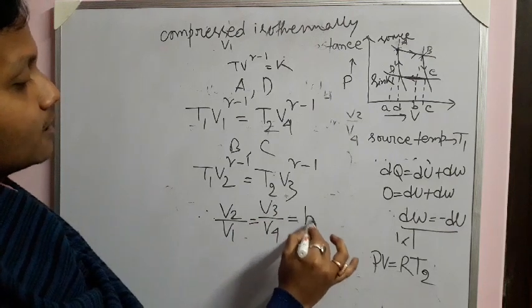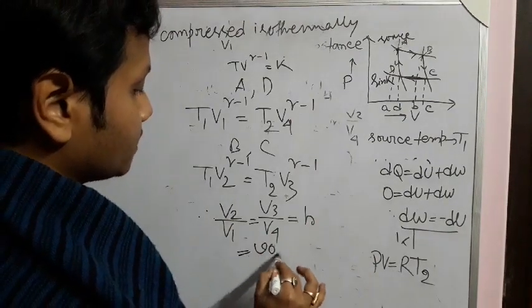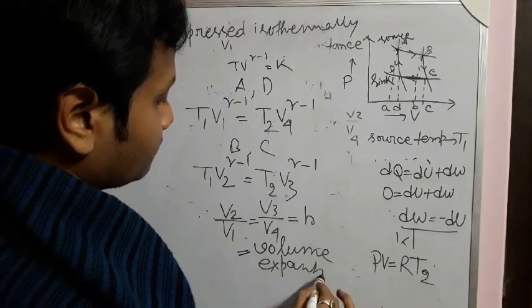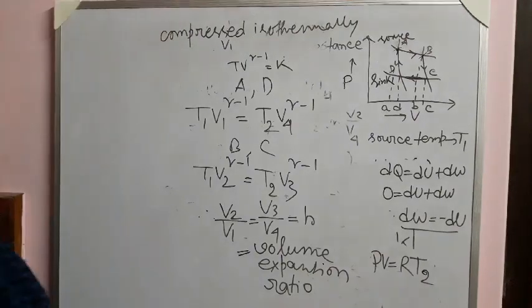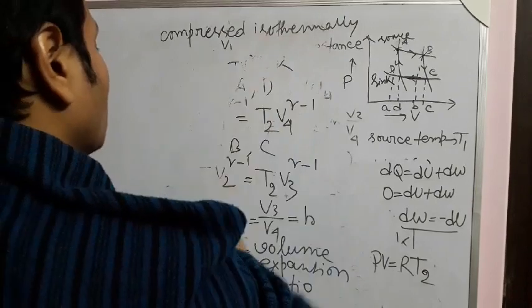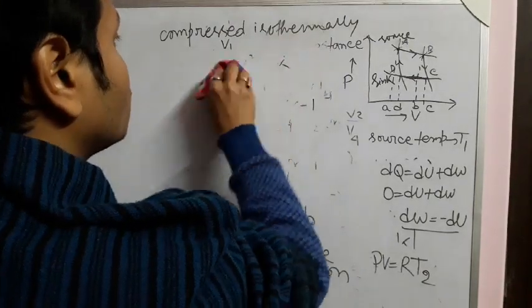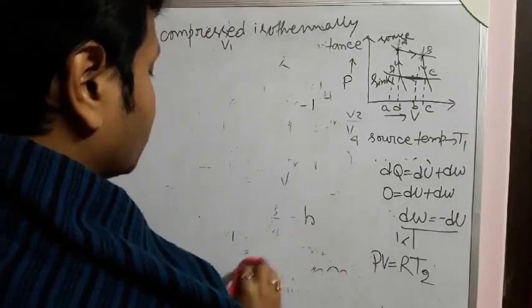This is known as the volume expansion ratio. Okay, so let us try to find out the efficiency in terms of temperature. That will be more accurate, because our main aim is to show that efficiency is independent of the working substance.